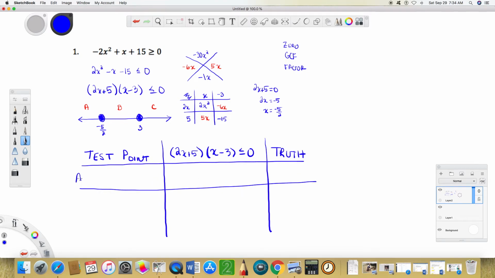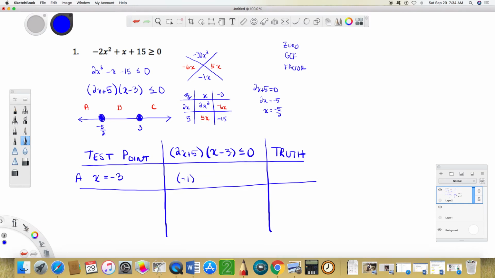So for region A, I'm going to pick a test point. Now, negative 5 halves is negative 2.5, and for a number that's smaller than negative 2.5, I would just pick negative 3. So I'm going to use negative 3 as a test point for region A. I'm going to plug in negative 3 into my expression. 2 times negative 3 is negative 6, and negative 6 plus 5 is negative 1.